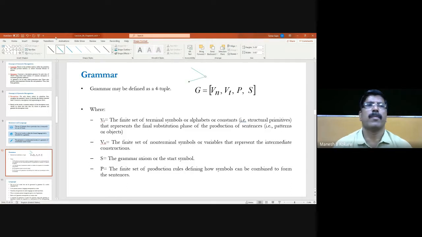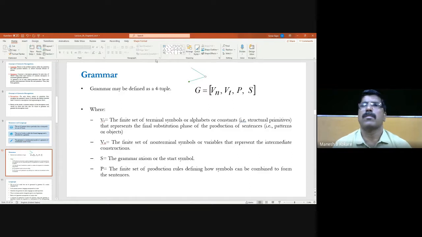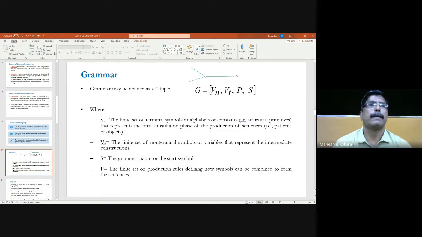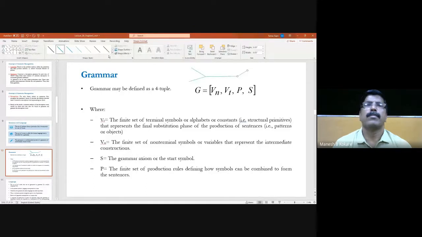Suppose this is the skeleton of the object.